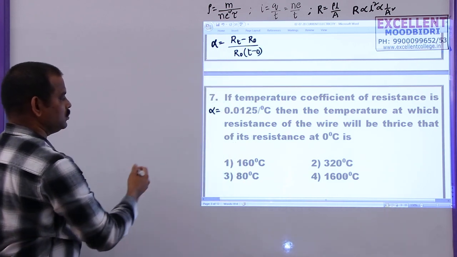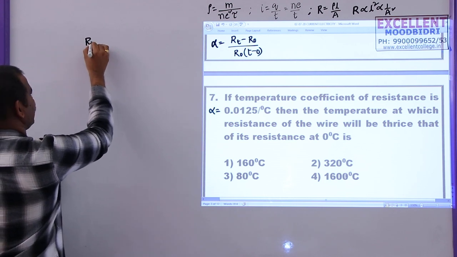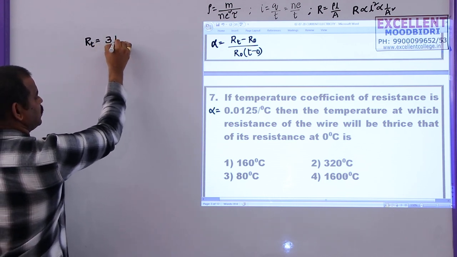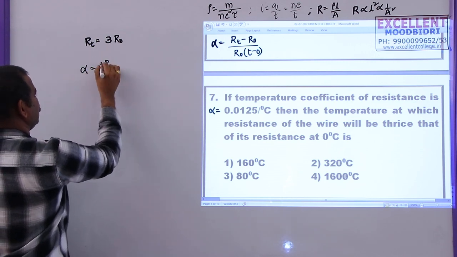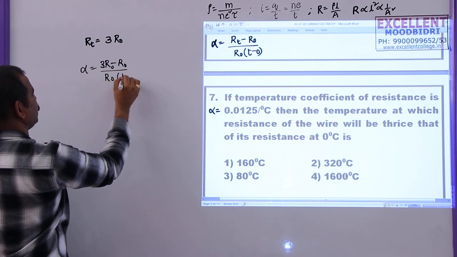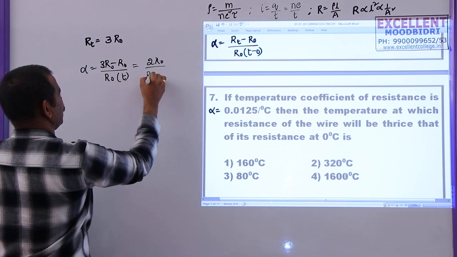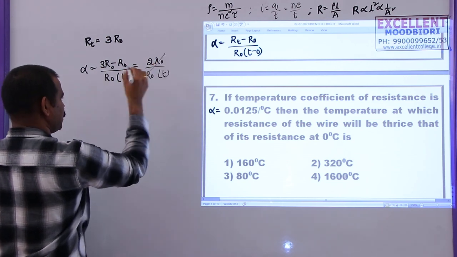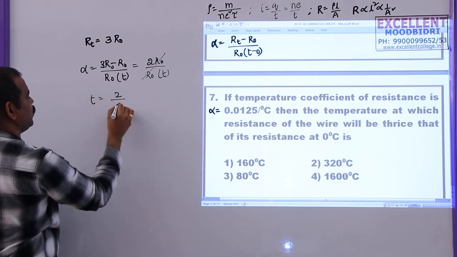So I am going to use this formula here. Resistance at high temperature is thrice the resistance at 0 degrees. So alpha will be 3R0 minus R0 by R0 into T, that is 2R0 by R0 into T. R0 and R0 get cancelled.